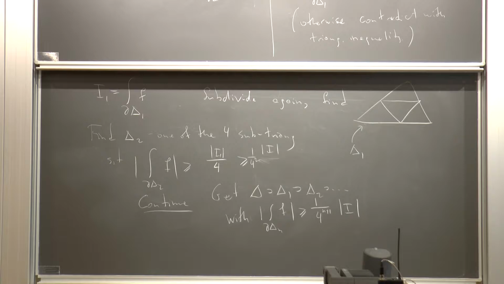And in fact, we have this shrinking set of subsets of the complex plane, and they get smaller and smaller. And the intersection of the delta n, of course, is just 1 point.